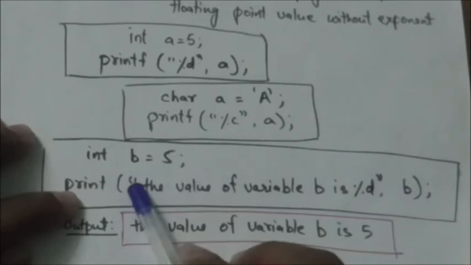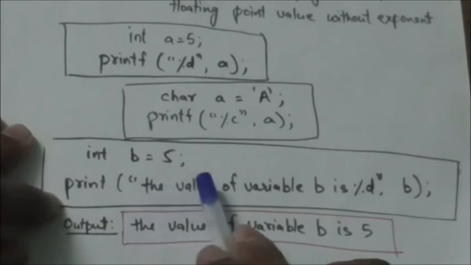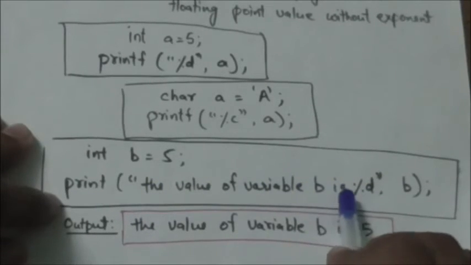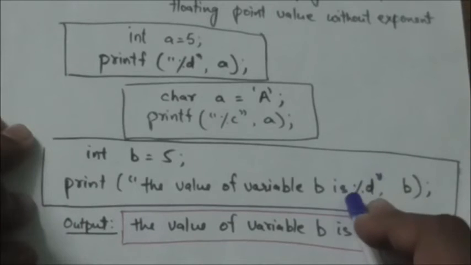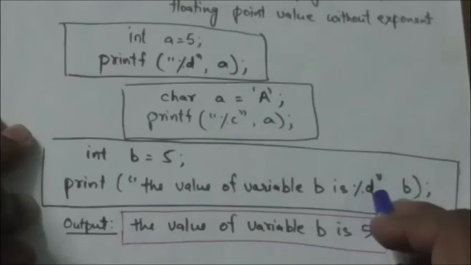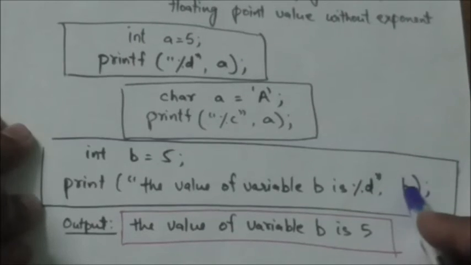Here in the control string you can see I have written the message, "the value of variable b is", and after that I have written the character group, which consists of %, followed by a conversion character depending on the type of the argument, variable b.